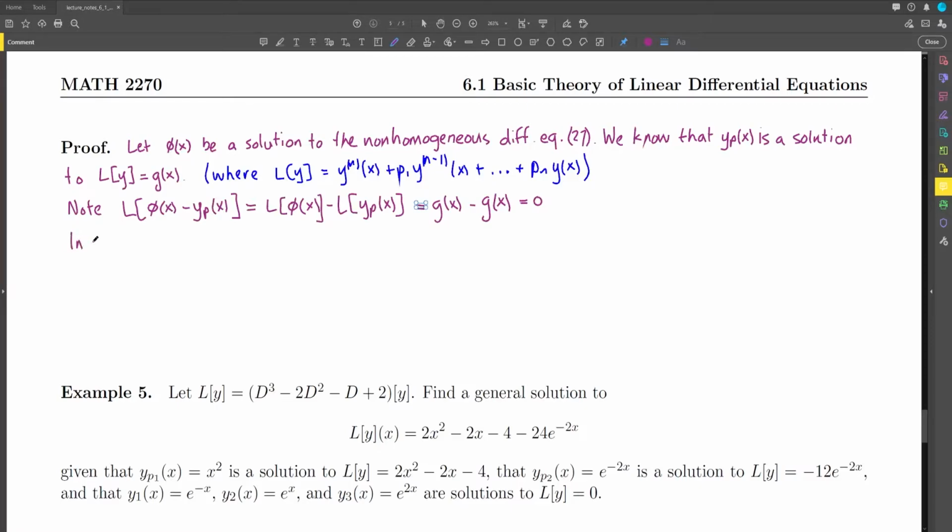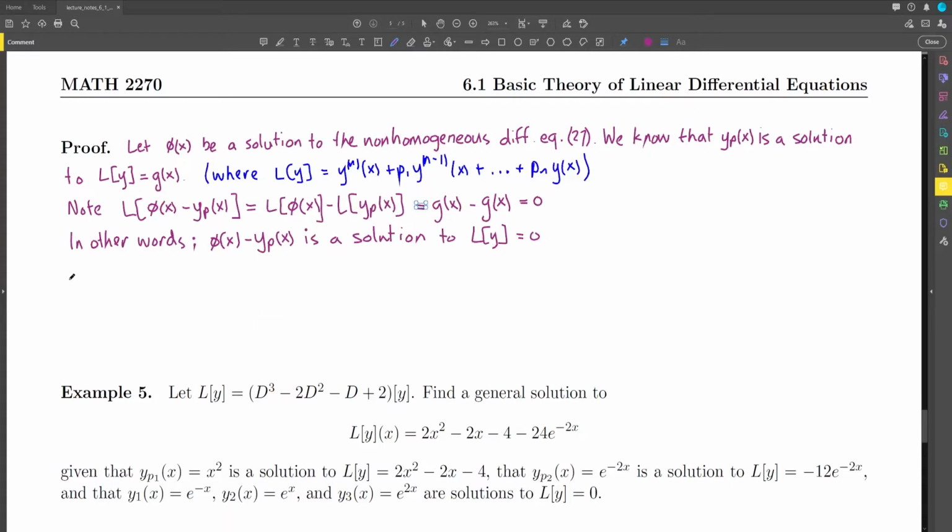In other words, phi of x minus yp of x is a solution to the homogeneous differential equation, right? So when we plug that in for y, we get 0.